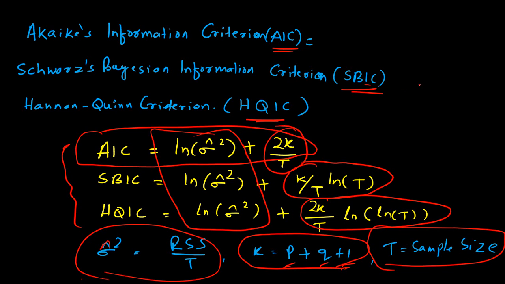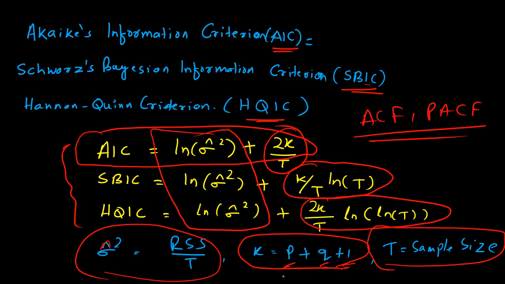Now the point here is, what about the ACF and the PACF that we have learned so far? Alright, so the ACF and the PACF, or the correlogram that we were talking about in the previous videos, are visual plots, right? When we look at them, there will sometimes be some sort of ambiguity.